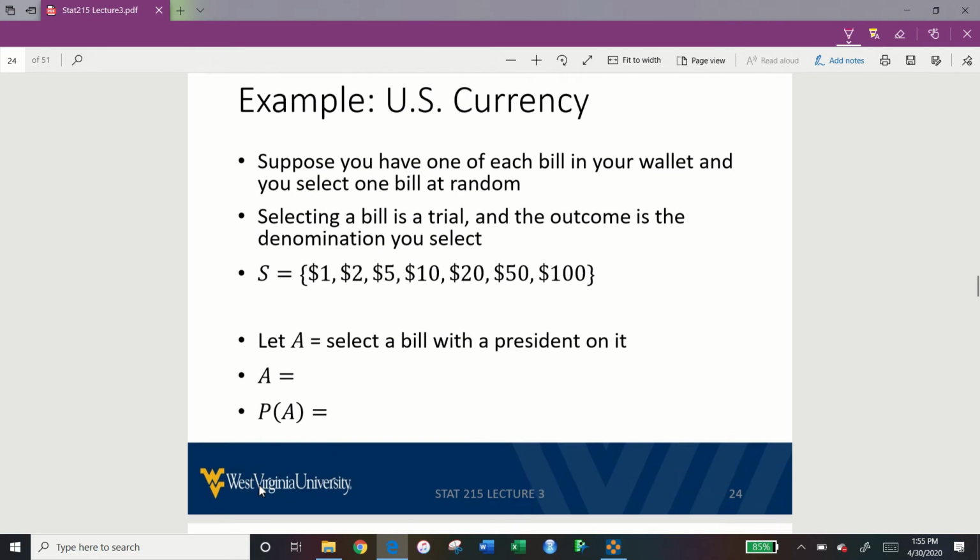So if we're looking at our example, suppose you have one bill of each in your wallet, and you're going to select one bill at random. So selecting a bill is a trial, and again, the outcome is the denomination you select. Our sample space would be the $1, $2, $5, $10, $20, $50, and $100.